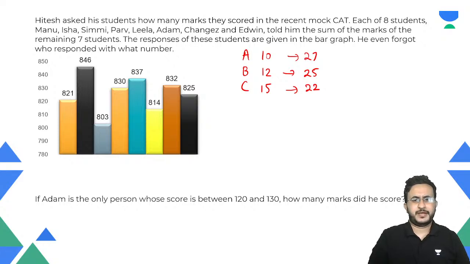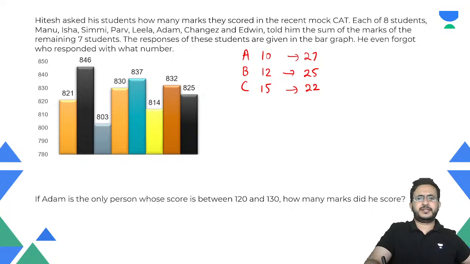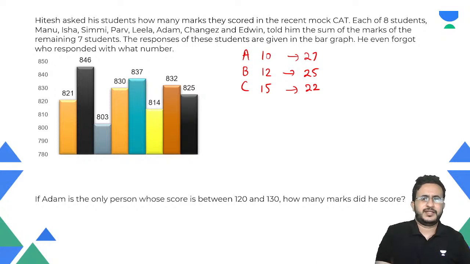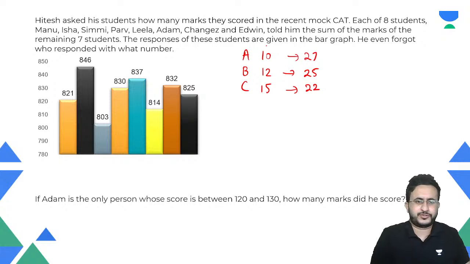So I've given an example wherein you do not know the marks. A said 27, B told 25, C said 22. I have to find the actual marks of A, B, C. This is as per the question. This is the answer, so you know the answer also.